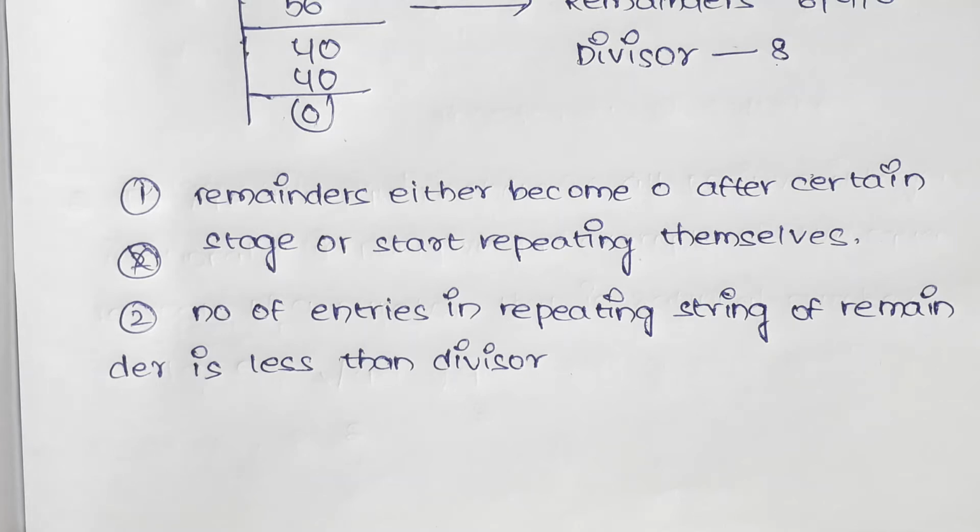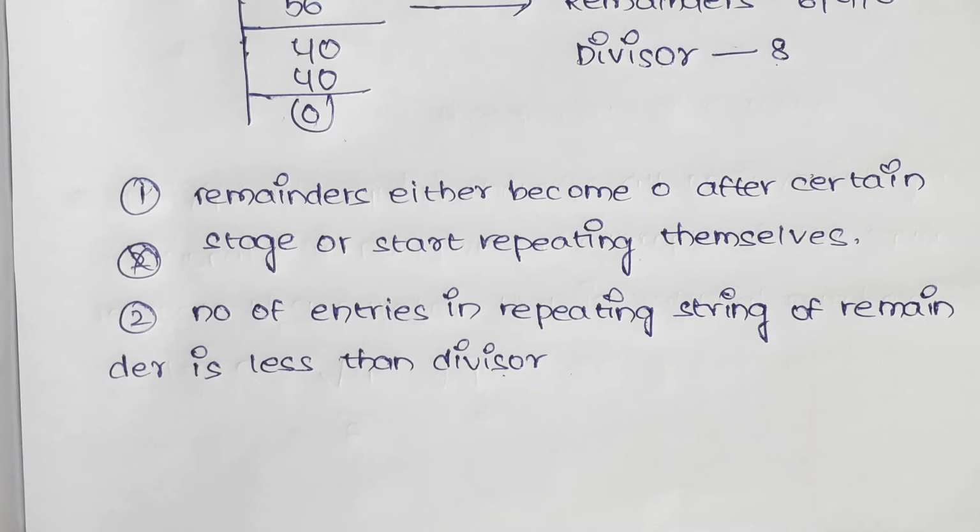In some divisions we got remainders as 0, and the second point is the number of entries in the repeating string of remainders. In some decimal expansions the repeating strings will continue, and those remainders we got are less than the given divisor, as shown in the example.